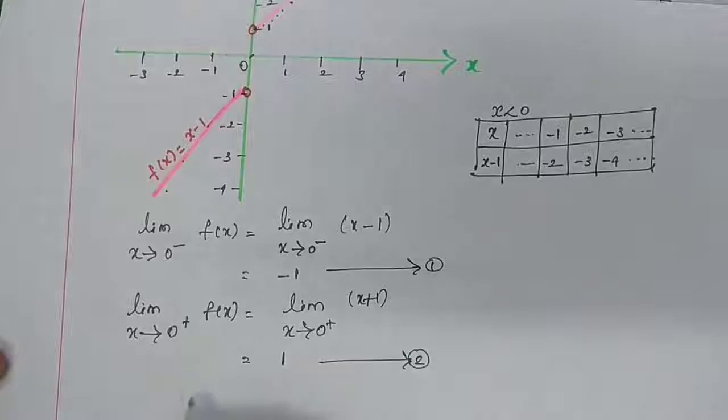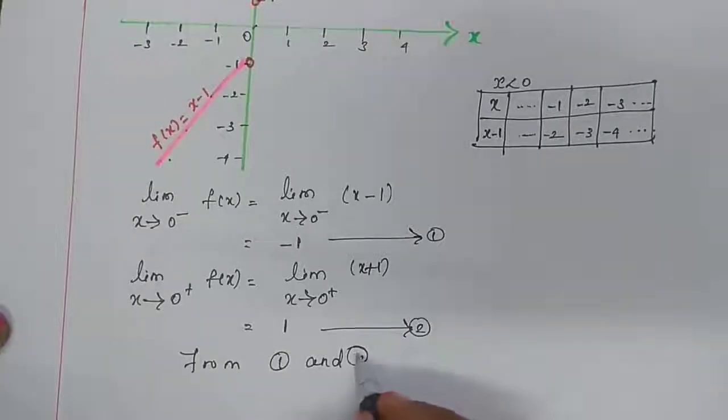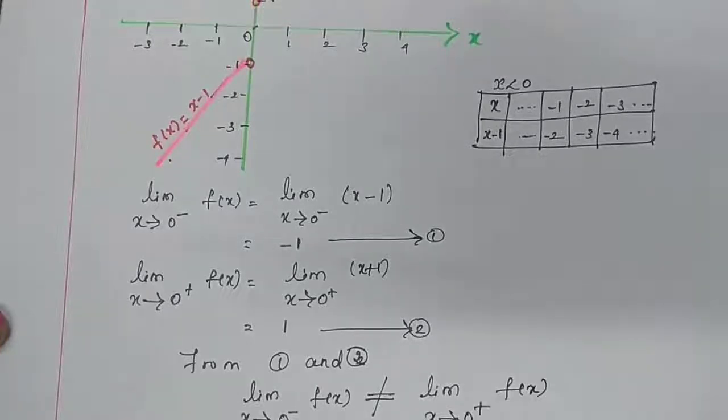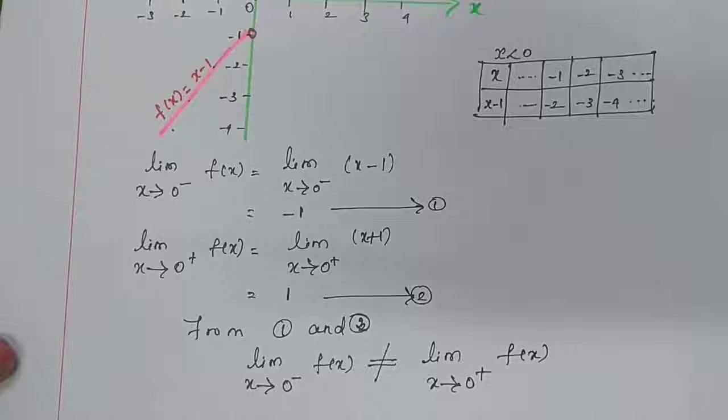So from 1 and 2, surely we can say that the limit as x tends to 0 minus of f of x is not equal to the limit as x tends to 0 plus of f of x. Therefore, the limits not being equal means the limit doesn't exist.